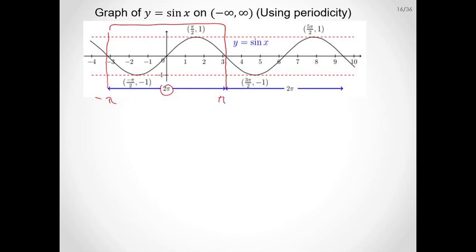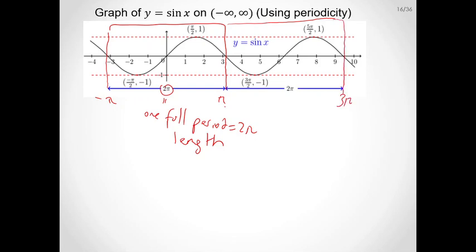Since it's one full period graph, it's 2 pi in length. So you can make copies of it because the function repeats itself. Now you will get pi here, and it will be 3 pi here, which is about 9 point something. And then you can make the other copies as well, like that.